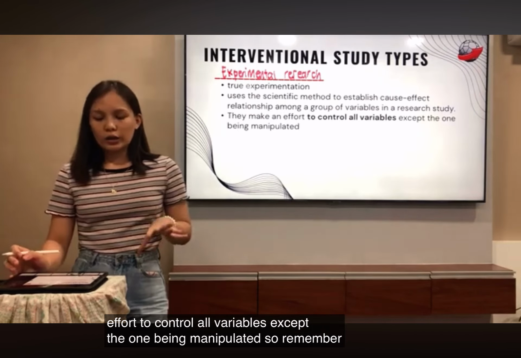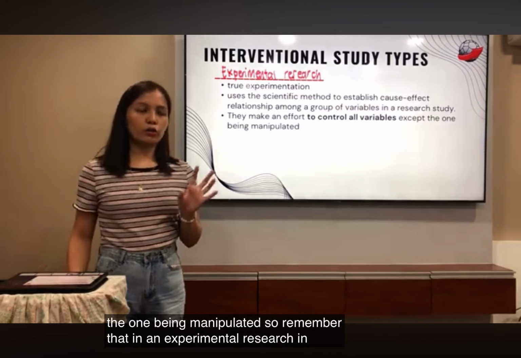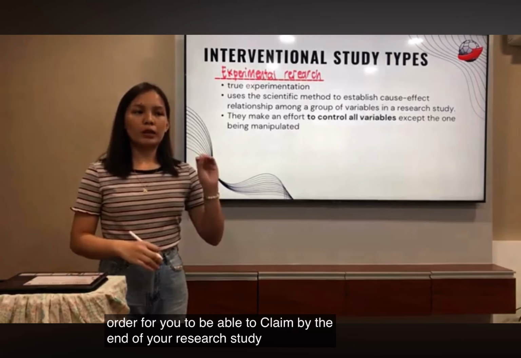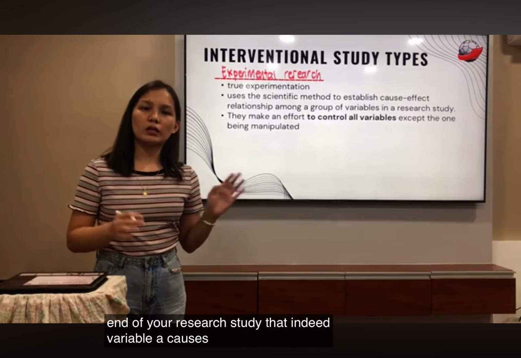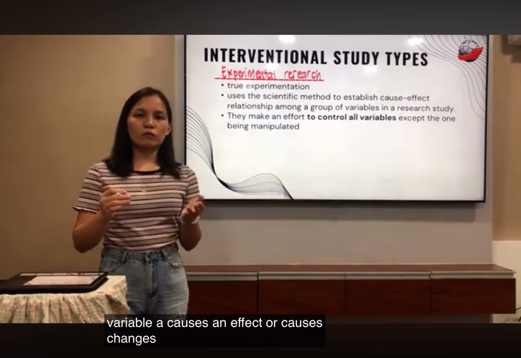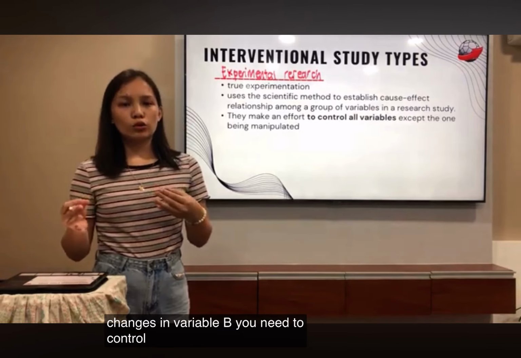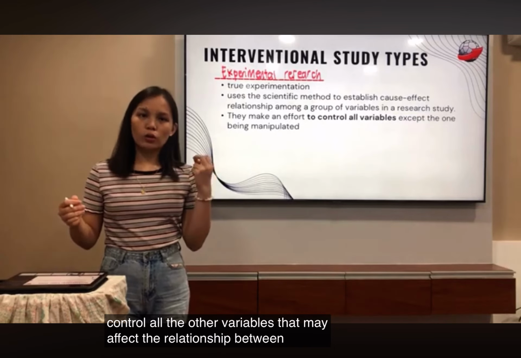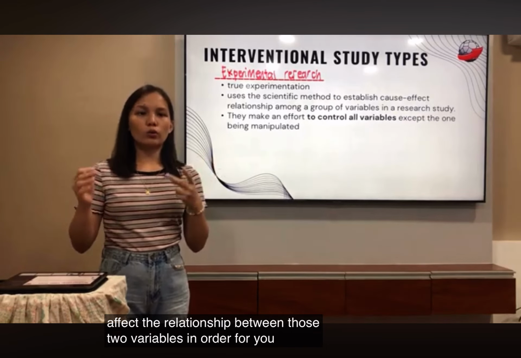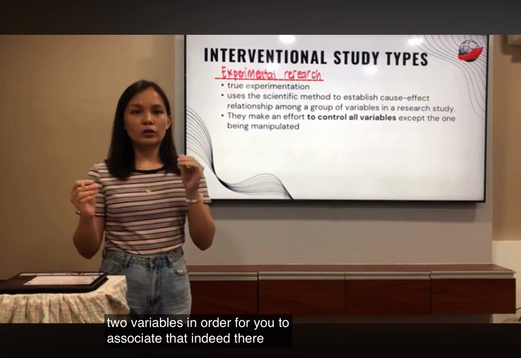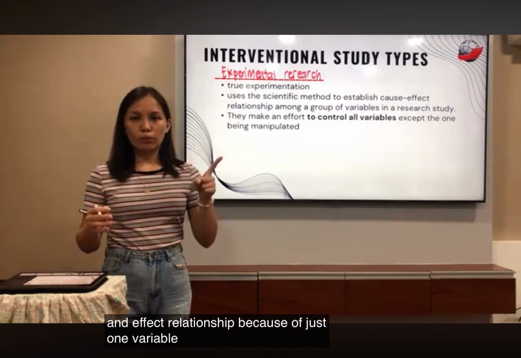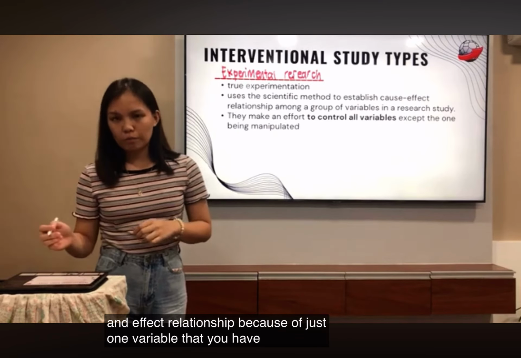Remember that in an experimental research, in order for you to be able to claim by the end of your research study that indeed variable A causes changes in variable B, you need to control all the other variables that may affect the relationship between those two variables, in order for you to associate that there is a cause and effect relationship because of just the one variable that you have manipulated.